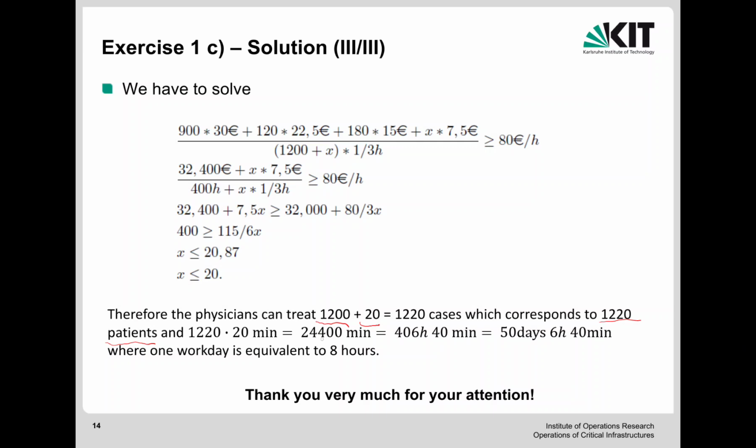We had that at the beginning. That would lead to 24,400 minutes, which is 406 hours and 40 minutes, and that means 50 days, 6 hours and 40 minutes, where we assume that we have a work day of 8 hours. Okay, so she should treat at most 1,220 cases in order to be paid €80 per hour.